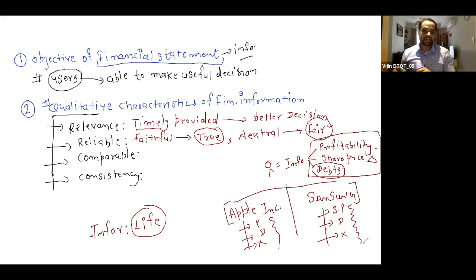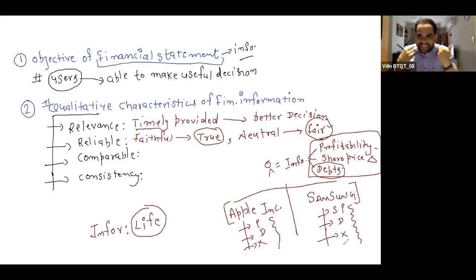So the idea is whatever information you are recording in one company, make sure that information is available in another company. And how is it available? Through the accounting standard. So in simple words, if all companies within the country follow the same accounting standard, it means all companies have the same structure and the same kind of financial information contents available in financial statements.